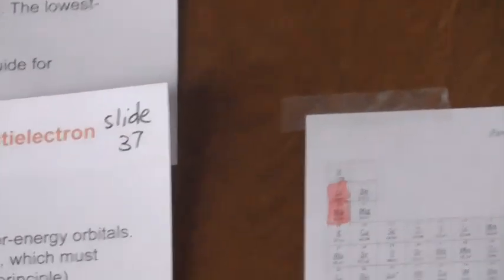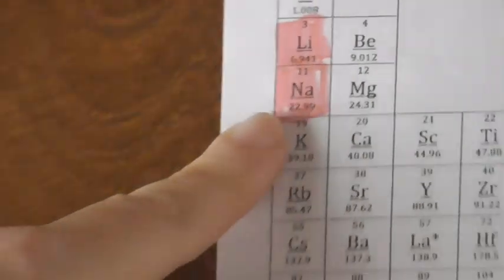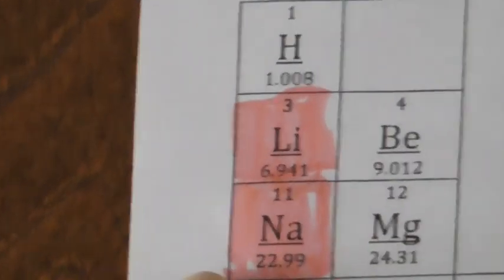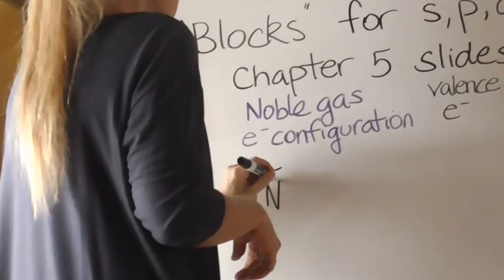So we have sodium. And it has 11 electrons, which is what we used before. But this time what's going to be important is, since we used the noble gas electron configuration, remember you go back to the previous noble gas. So the one before it is neon.